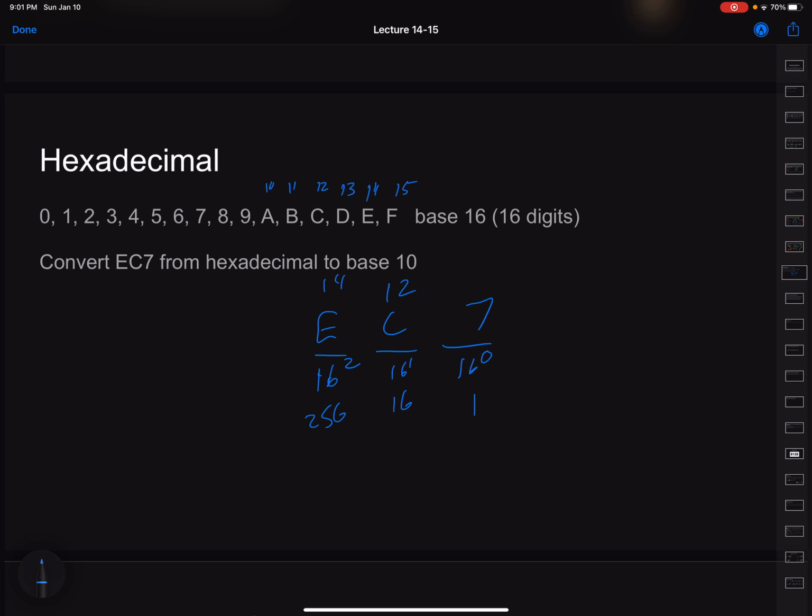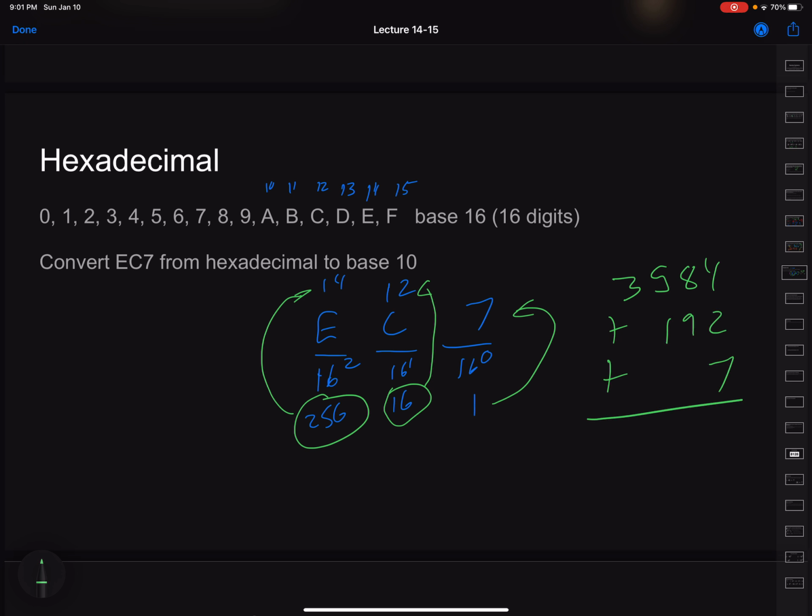And we follow the same rules. In order to convert to base 10, we just have to multiply this by that, add it to this times that, add it to this times that. So first we have 256 times 14, which is 3584. Adding it to 16 times 12, which is 192.